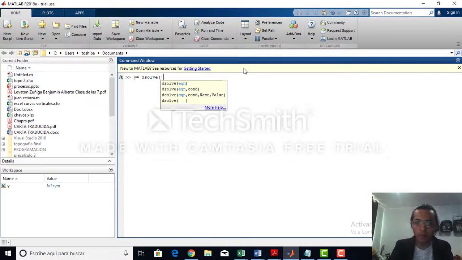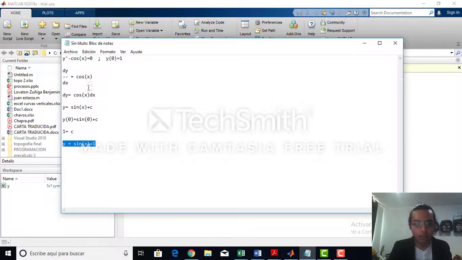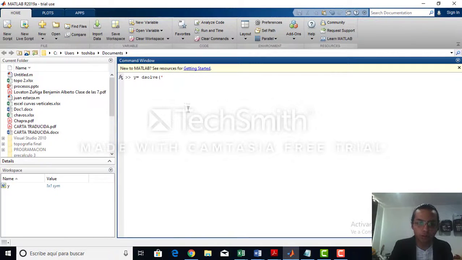We're going to put a little prime, and we're going to write our equation, but in this way. We're going to leave out the dx. We're just going to put dy equals cos of x, and we're going to close this.